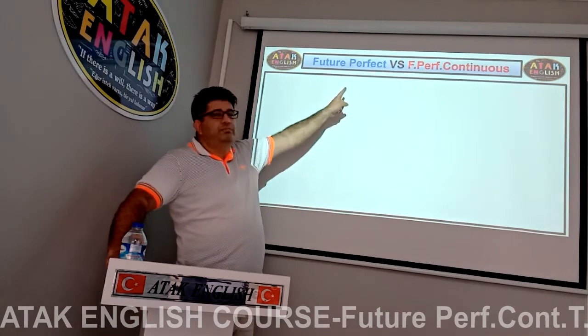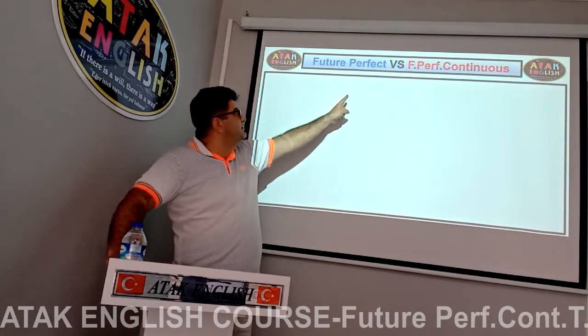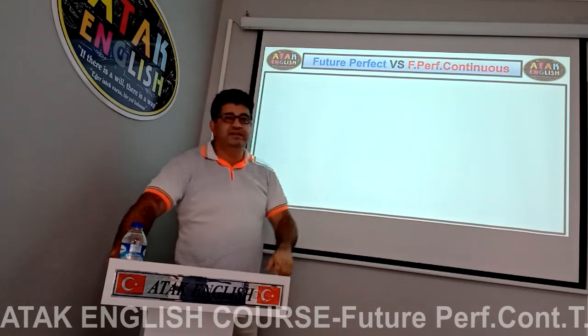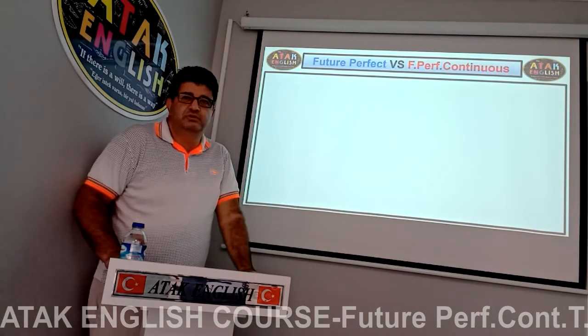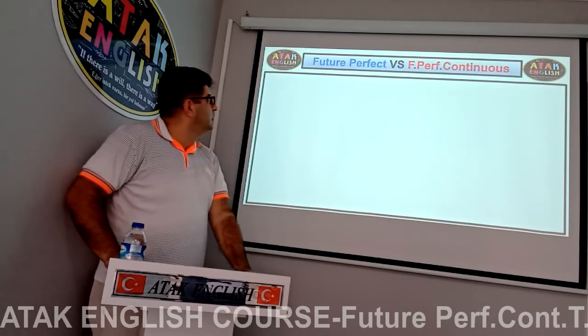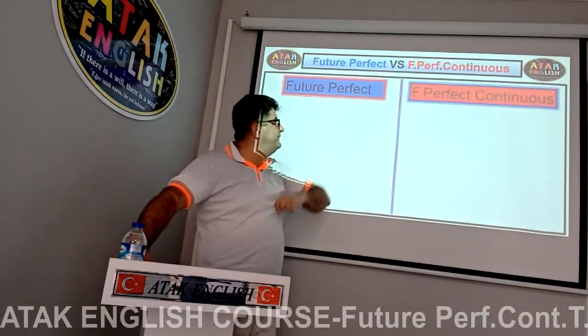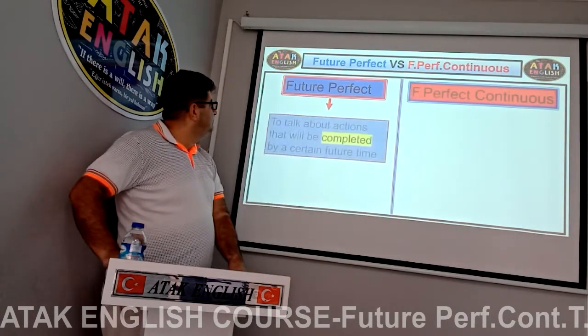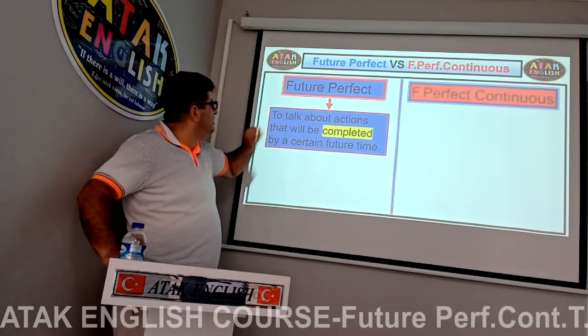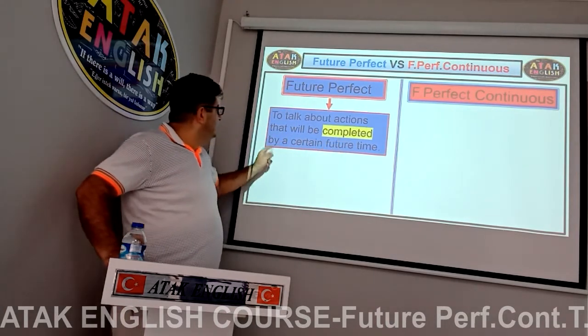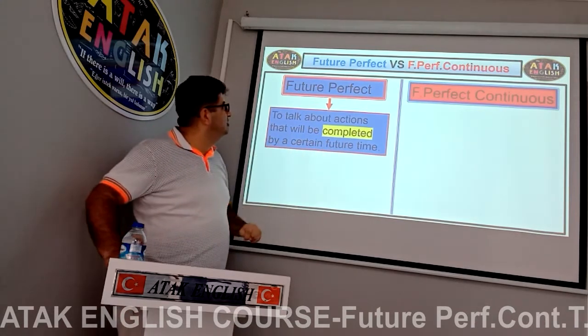Okay, one more time, let's talk about the differences between future perfect and future perfect continuous, because it's a little complicated and confusing, I know. For future perfect, we talk about actions that will be completed by a certain time in the future.